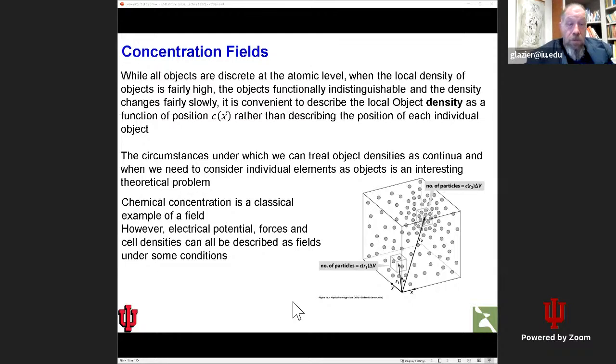Concentration is treating discrete objects like continua, and that means that there has to be a length scale over which you can draw a box where there are a lot of molecules of a given type in the box, but that's small enough that the concentration doesn't change dramatically within the box. And so concentration represents what's called a mesoscopic length scale.